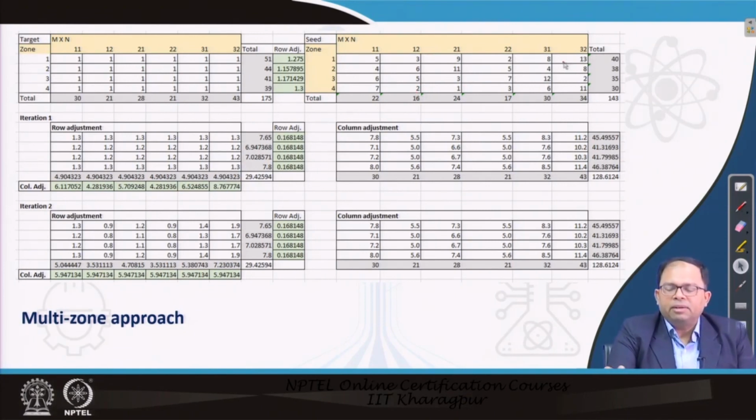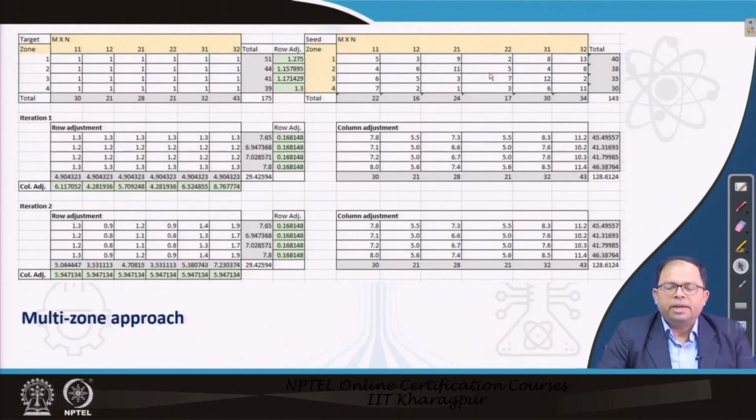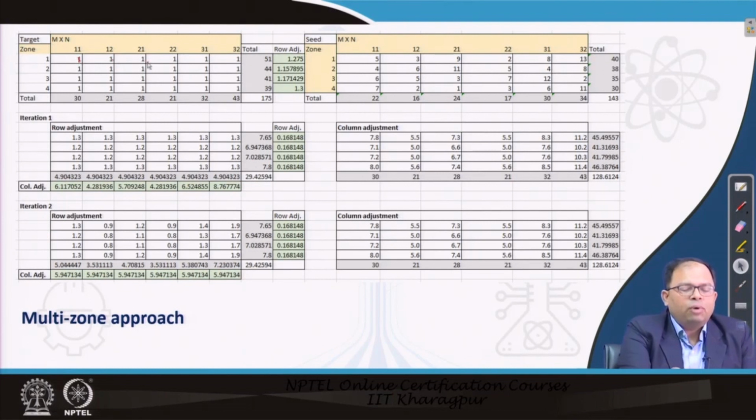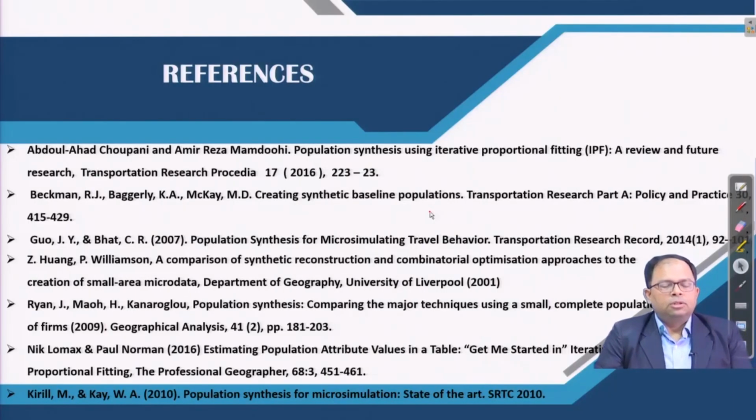In the previous case, we assumed that this is the seed data for this particular zone, but over here we have the total seed data, and here we make the initial data value as 1, and following the same procedure, we can arrive at the proportion of people or households in each of these demographic groups, following the same IPF procedure. So, this is called the multi-zone approach. These are some of the references that you can follow.